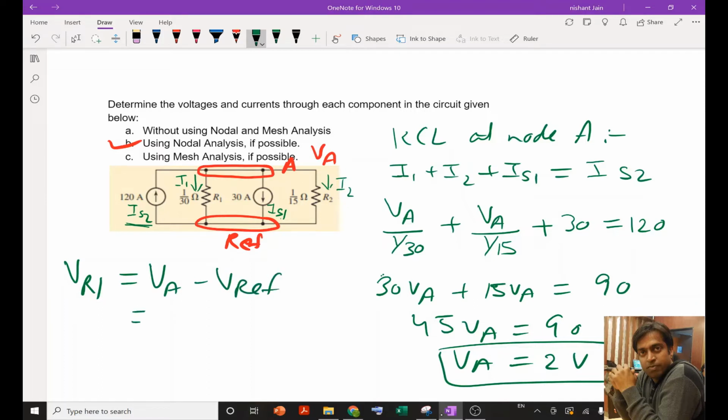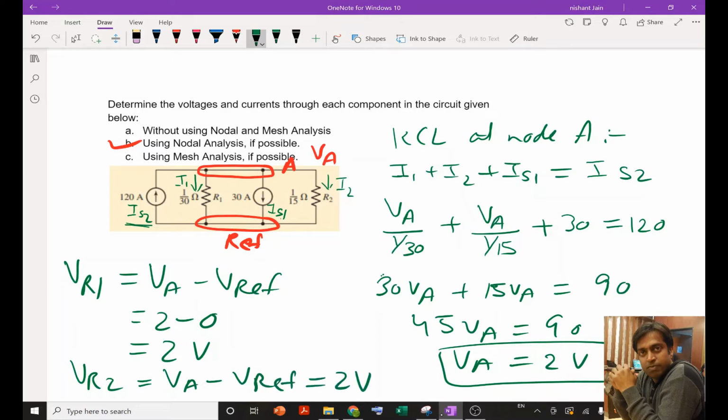Since V reference is 0, I will get 2 minus 0, and it will be 2 volt only. Similarly, I can obtain the voltage across R2, and again it will be VA minus V reference, and hence it will also be 2 volt.